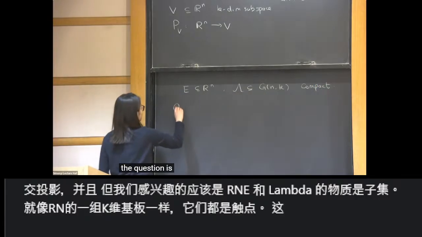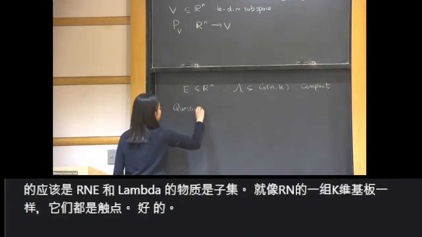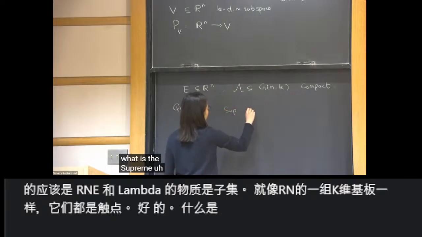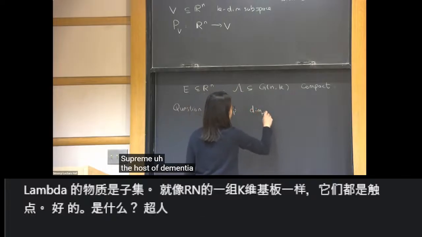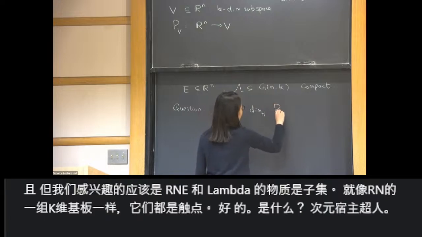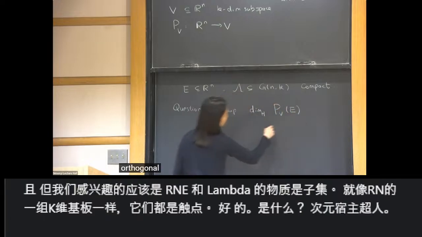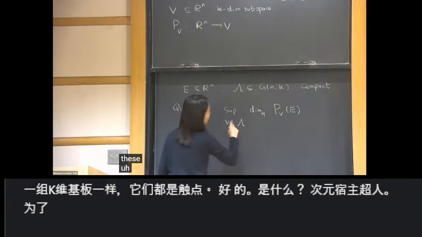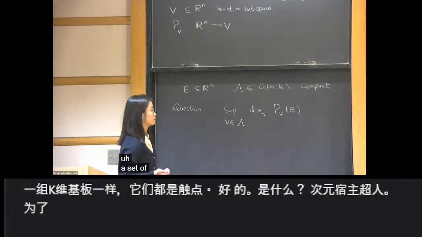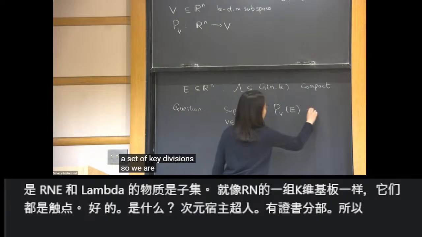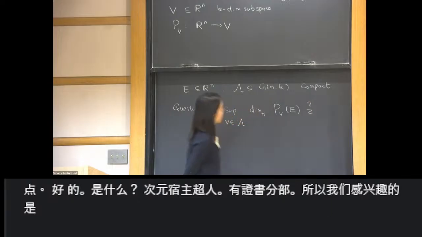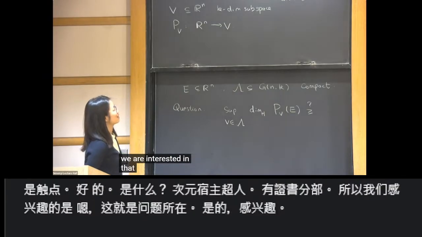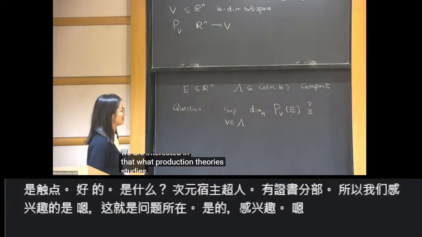What is the supremum of the Hausdorff dimension of the orthogonal projection image of E for V in Lambda? This is the question that projection theorems study.